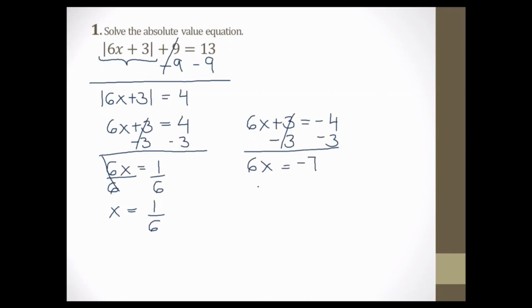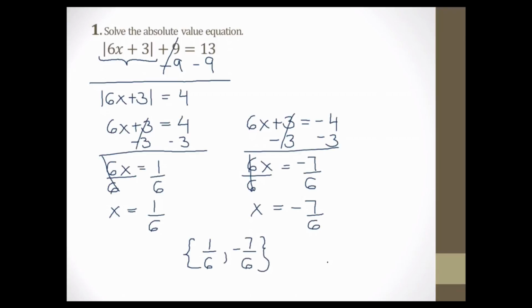Last step, to get x by itself, divide by 6. And that leaves me with x equal to negative 7 over 6. So for this absolute value equation, we basically get two answers. One of them is 1 over 6, and the other one is negative 7 over 6.